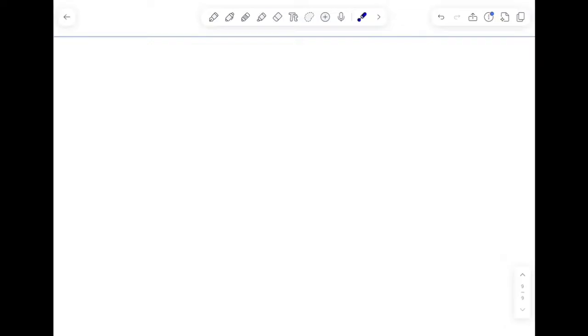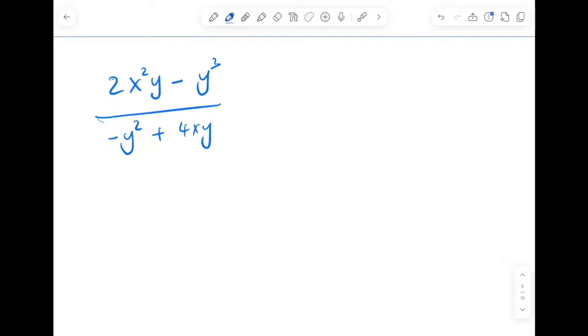It's very valuable. Okay. So for example, let's say you have x squared y, 2 minus y to the third over negative y squared plus 4xy, something like this.